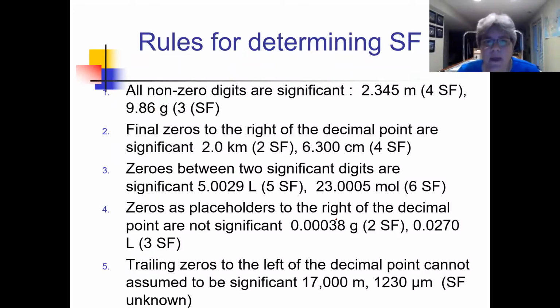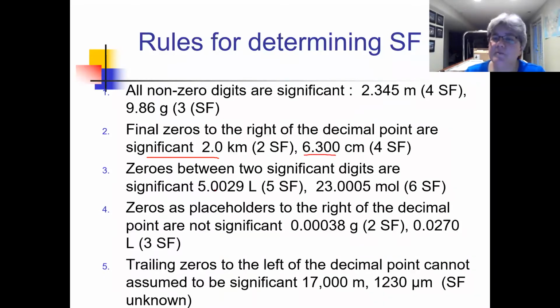So we first need to be able to determine how many significant figures a number has. And you should already know how to do this. I just put these rules here as a review. We're not going to spend a lot of time on it, but just to refresh your memory. Remember that if a number is not 0, it's significant. If you have zeros after the decimal point, like you see for these two, then those zeros are significant.